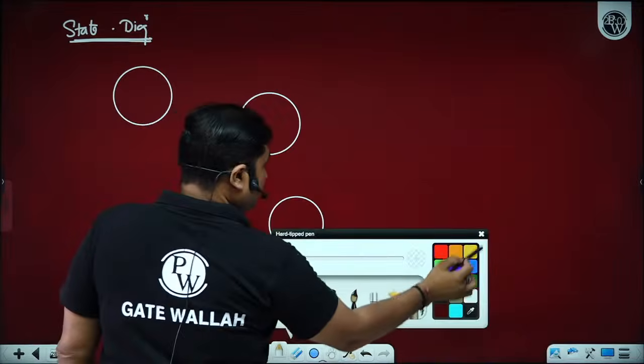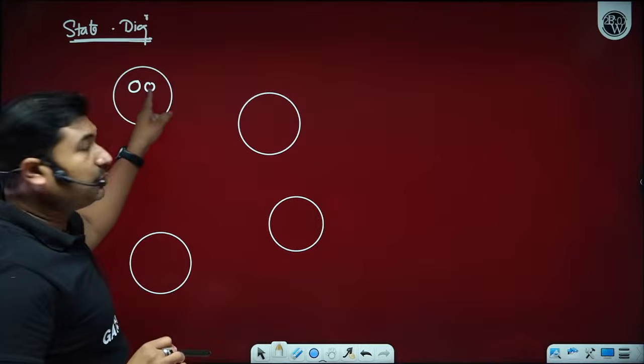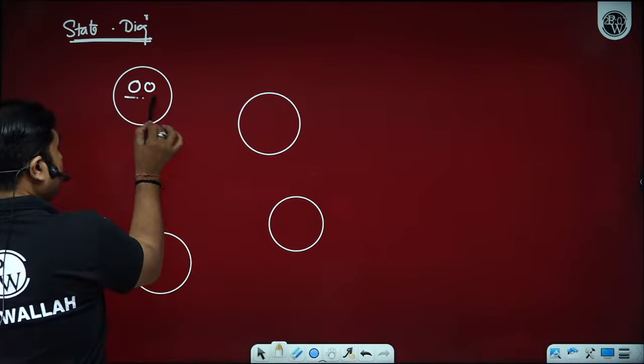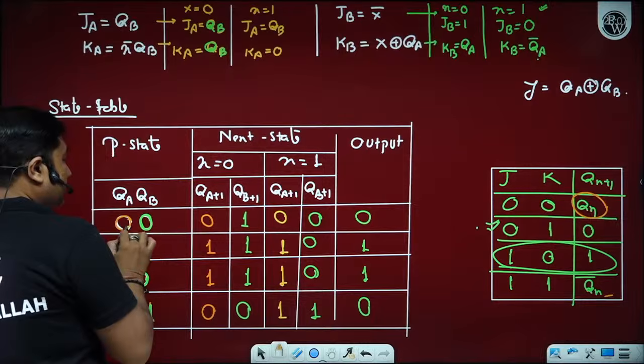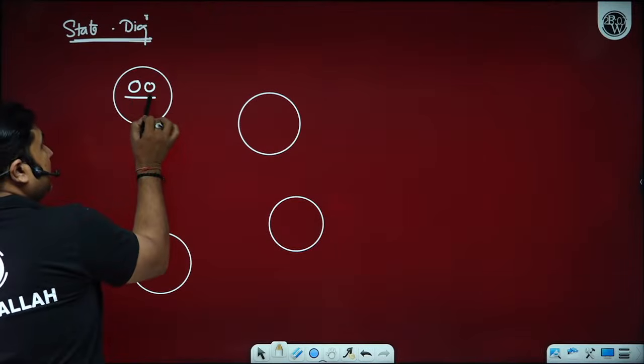Yes, sir. So we have a possibility of 0 0. This is QA QB. For 0 0, you can assign this as state A. If you assign it as state A, you can write state A.